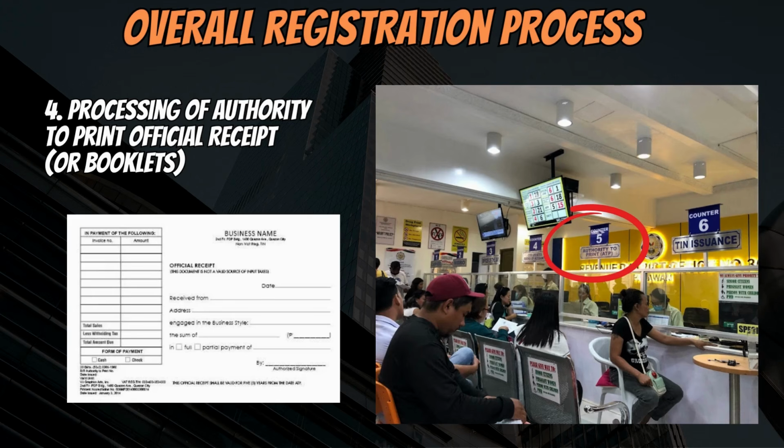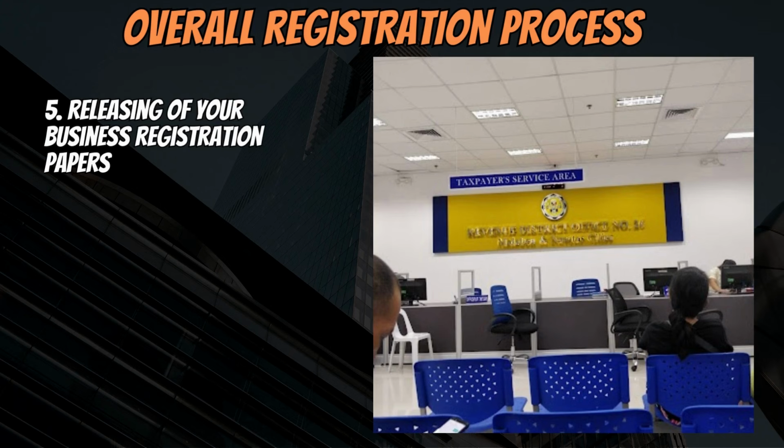Once you are done routing your papers, the new business registration officer will ask you to wait for the releasing of your BIR documents. Waiting time for the releasing normally takes 2 to 3 hours, so we highly recommend visiting the BIR office in the morning.